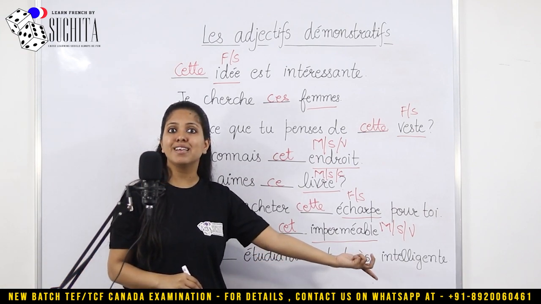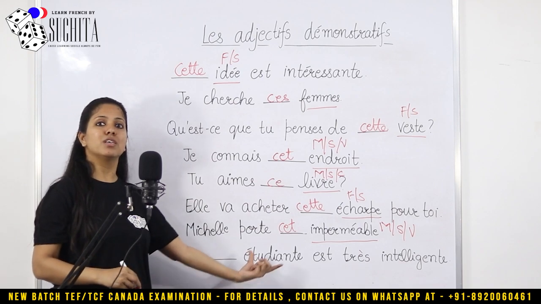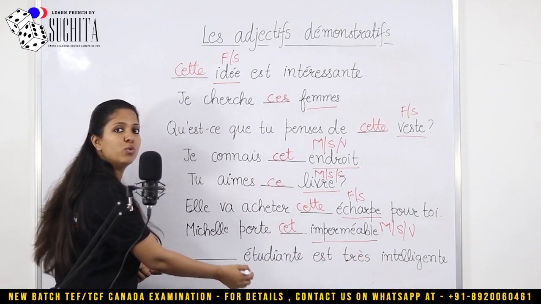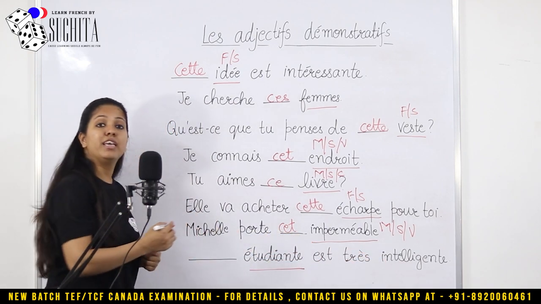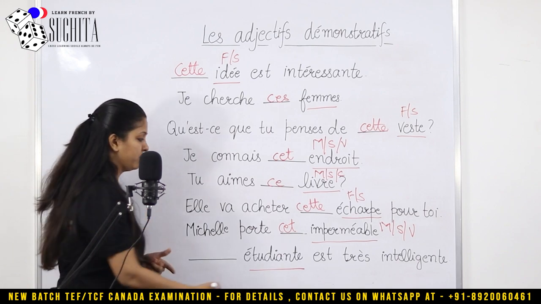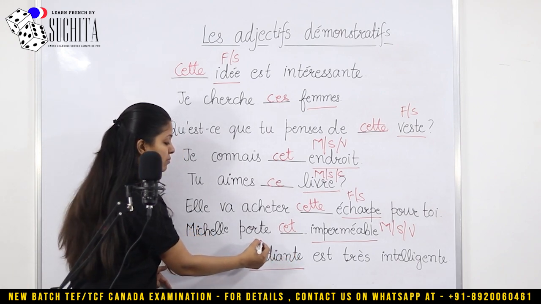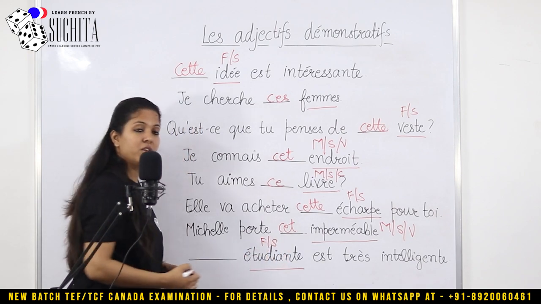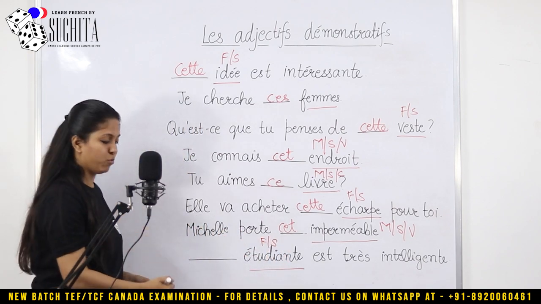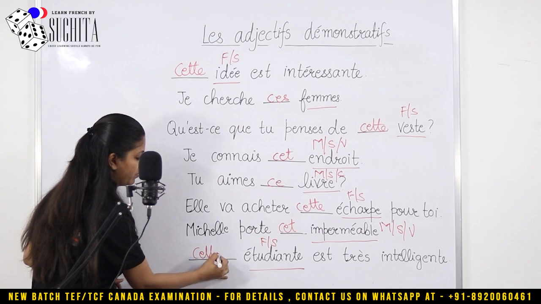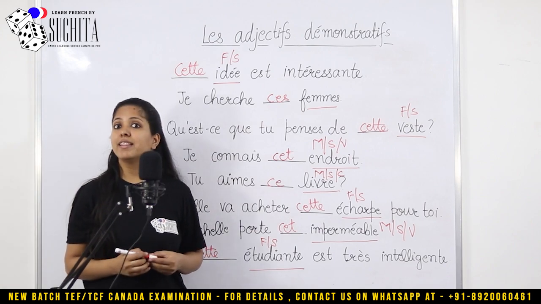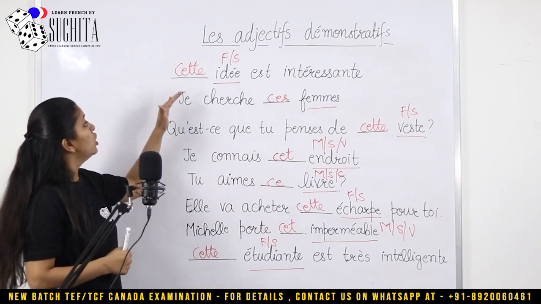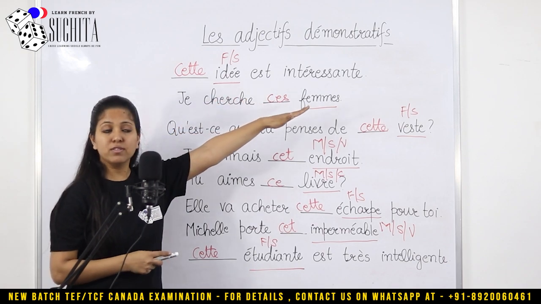Cette étudiante est très intelligente. This student is very intelligent. Look at the word which is next to the dash. Étudiante. Là, c'est féminin because it is ending with E. And it is singular. Féminin singulier, troisième option. Cette étudiante est très intelligente. Je répète, cette idée est intéressante.